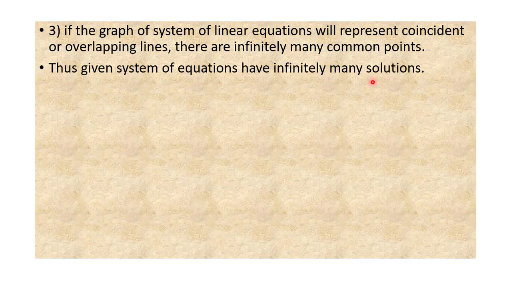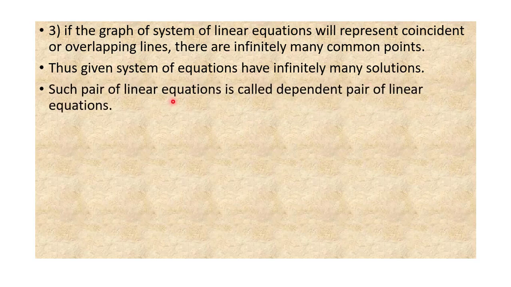When two lines are overlapping, then there are many solutions. Such pair of linear equations is called dependent pair of linear equation. We can see first line and second line, these lines are overlapping each other. So there is many solutions and it is called dependent pair of linear equation.